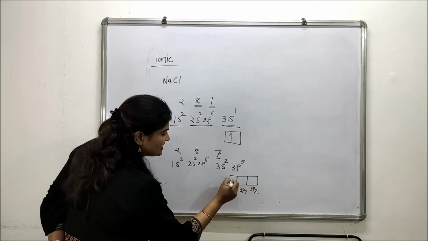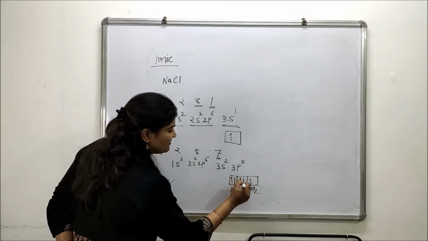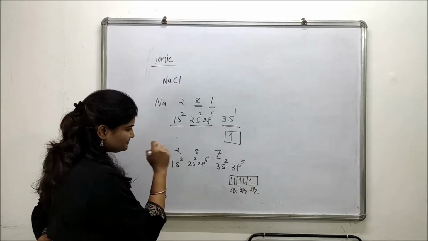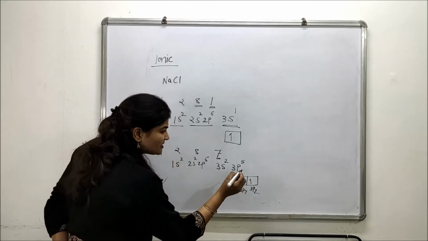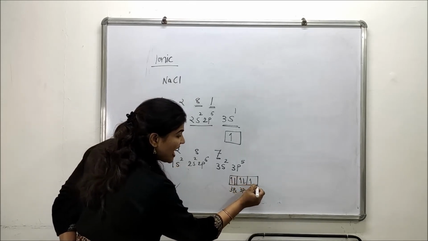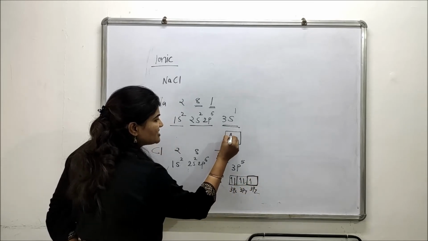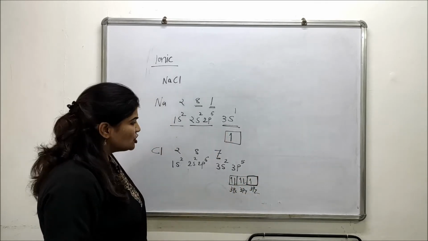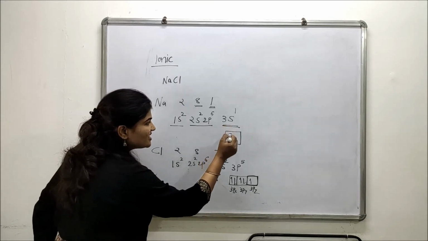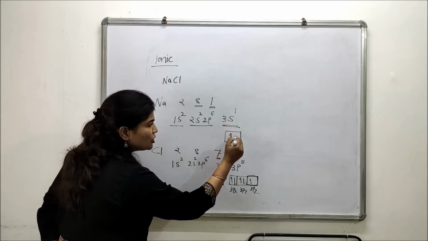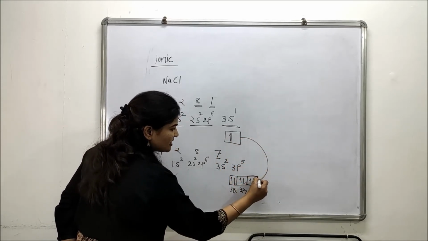And we fill it like this: 1, 2, 3, 4, and 5. So as you can see, for chlorine, which has atomic number 17, the unpaired or half-filled orbital is the 3pz orbital, and for sodium it is the 3s1 orbital. So when they both come closer, this 3s1 electron will be lost by sodium and it will be gained by chlorine.